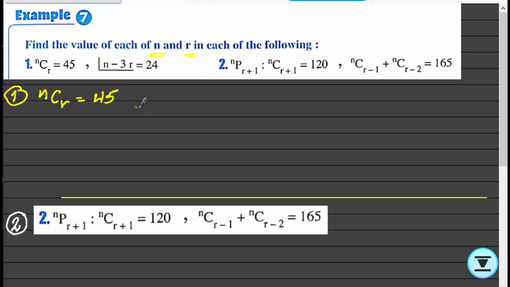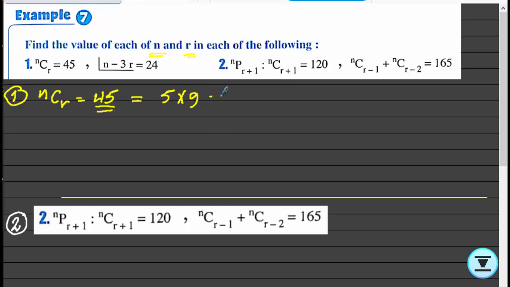Okay, and the 45 equals 5 multiplied by 9. I wanted to write 45 in the form of a combination. So I'll make some changes on the right hand side.